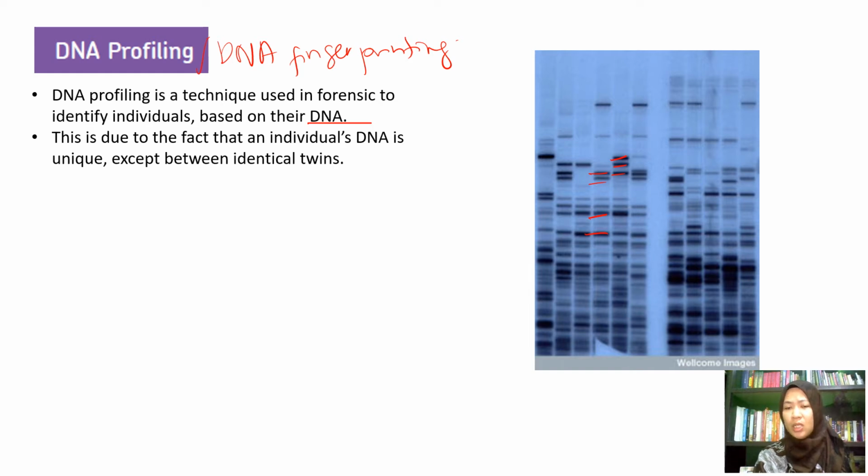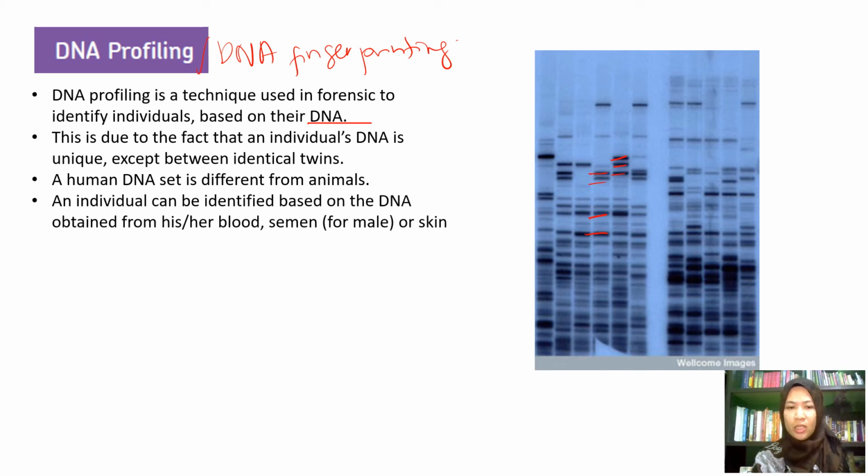Because individuals' DNA is unique except between identical twins. So identical twins memang sama, tak boleh nak beza kecuali cap jari. Okay, so a human DNA set is different from animals. And individuals can be identified based on DNA obtained from blood, semen for male or skin.